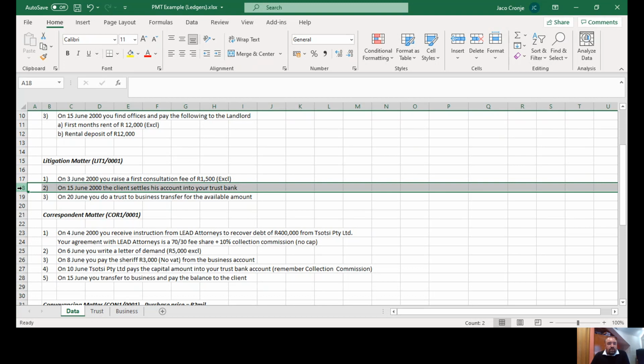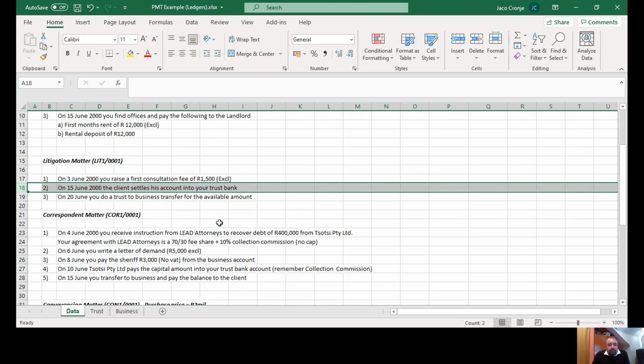Okay, just as a little pointer, could he have paid that into your business bank account? The answer is yes, because you've already done the work, so there's no problem for that client to pay that money directly into your business bank account.